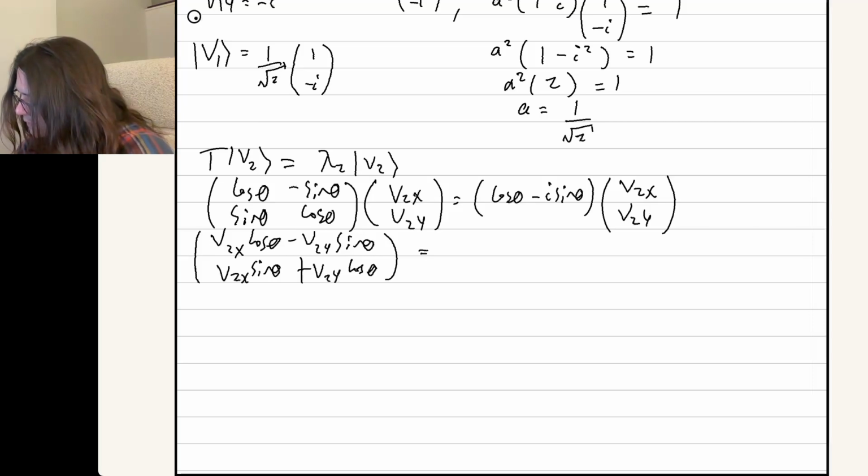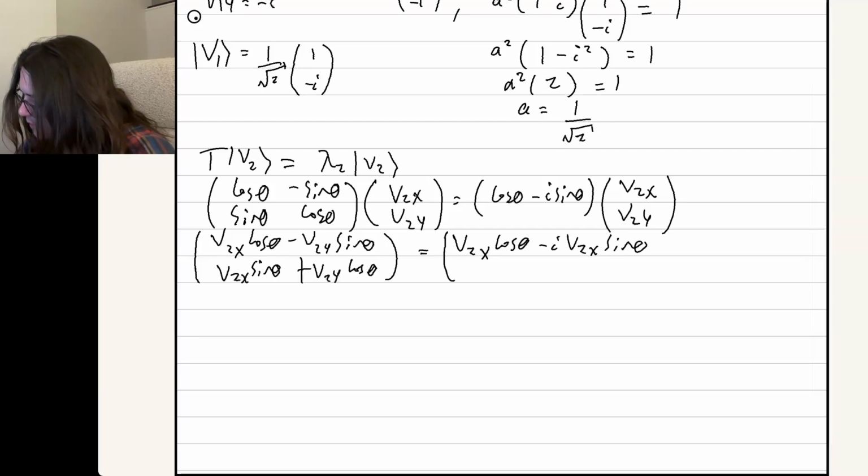And on the right-hand side, both of these are multiplied by the eigenvalue, so it's just v2x cosine theta minus i v2x sine theta, v2y cosine theta minus i v2y sine theta, right?